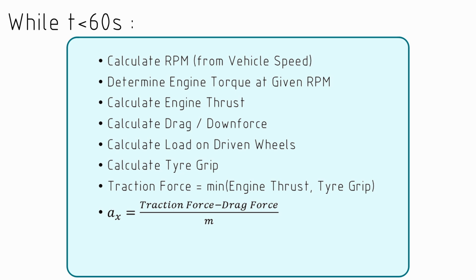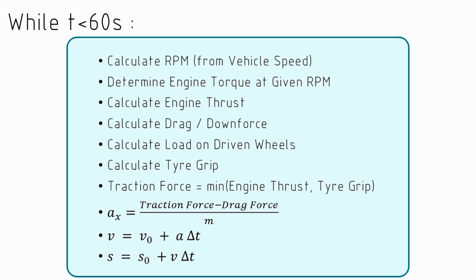Then there's a simple step where we say the new velocity will be the original velocity of the car plus this acceleration times a delta t step, or a dt step. And then the displacement, or the distance traveled, will be the current displacement of the vehicle plus the velocity times that same dt step.